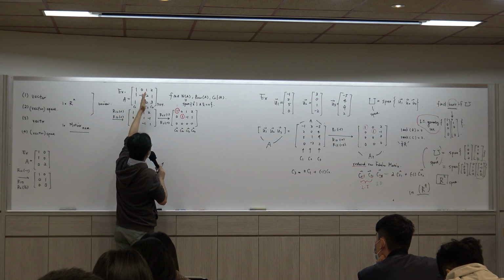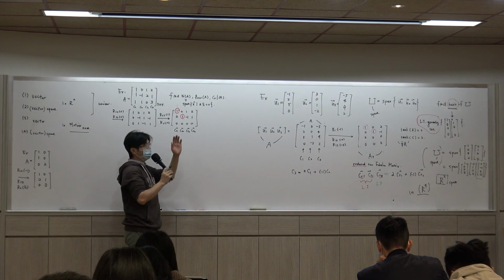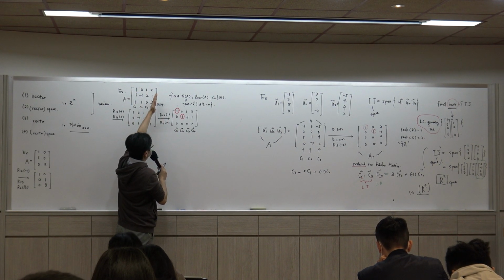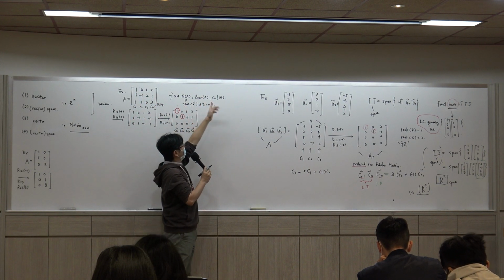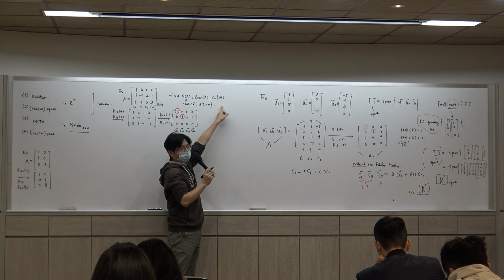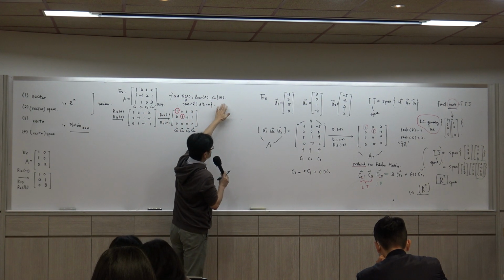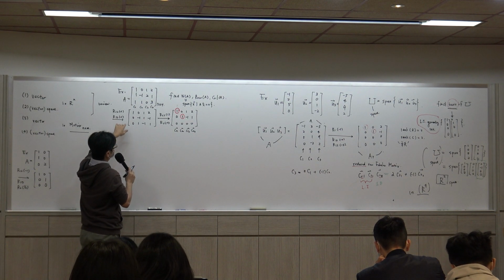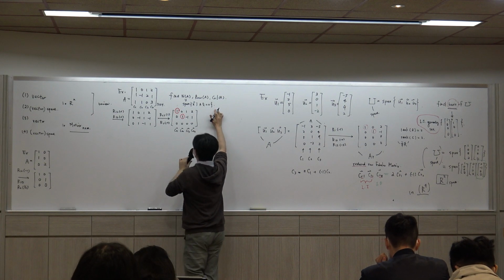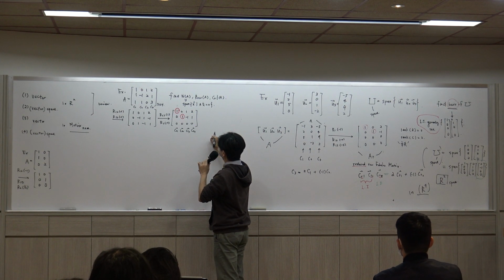And we have 4 column vectors, so we can use the 4 column vectors to span the column space. Okay. So here we would like to start with the null space of the matrix A.